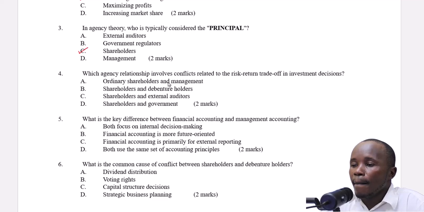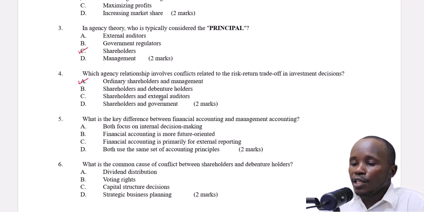In this sense, management may not be willing to risk investing in a project that may lead to company winding up, because their job is basically around the success of the company or the going concern of the company. But shareholders on the other side, they want the management to make investment even in risky projects so that they are able to gain higher dividends. So here we say that ordinary shareholders and management is where we have the conflict between risk and return.